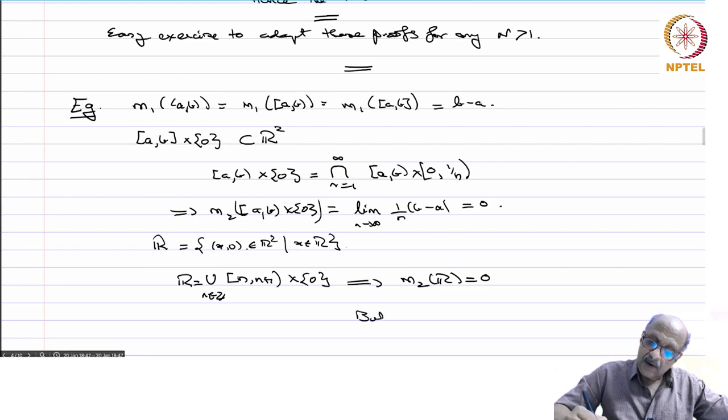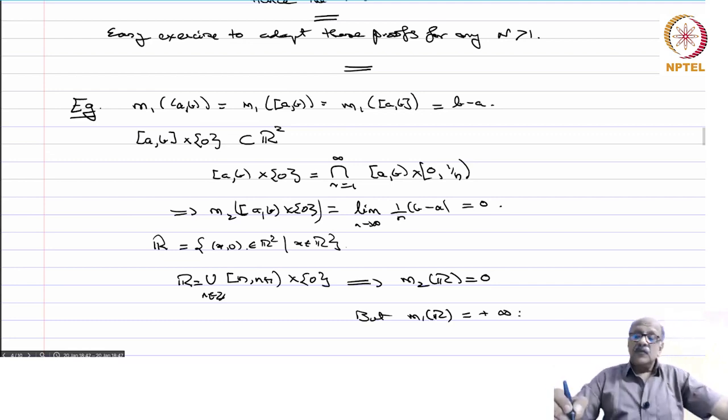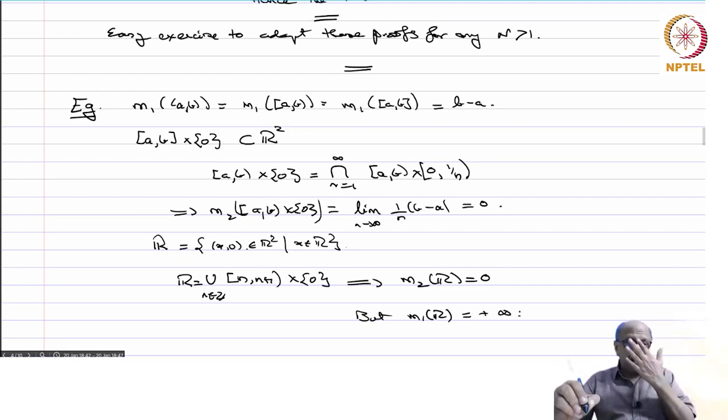But M1 of R again is the union of all such intervals, each of them has measure 1, they are all disjoint, and therefore this is equal to plus infinity. So the Lebesgue measure of R itself in one dimension is infinity, but if you consider it as a subspace of R^2 or any higher dimensional space, it is 0.